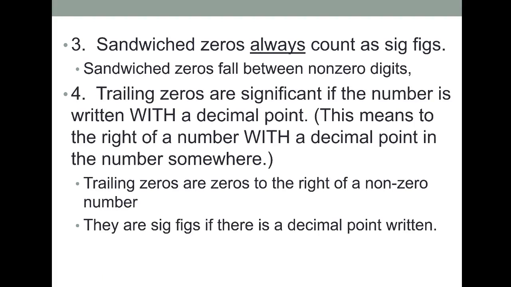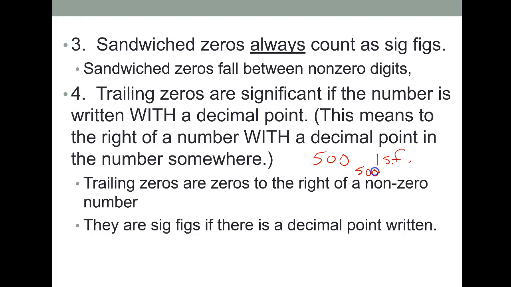Now the trailing zeros, the ones to the right of a number, are significant if the number is written with a decimal point. Now, I realize that if you know the number 500, you know there's a decimal point there. But if you don't see it written in, this is the convention that they have come up with. If you don't see it written in, then it has 1 sig fig.